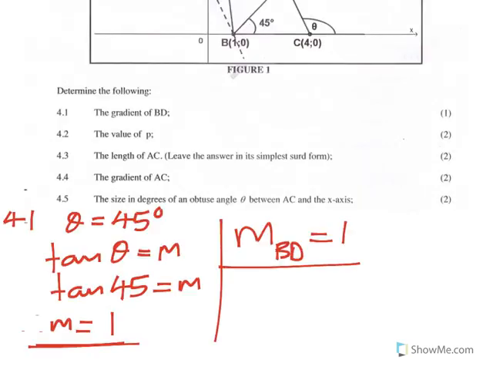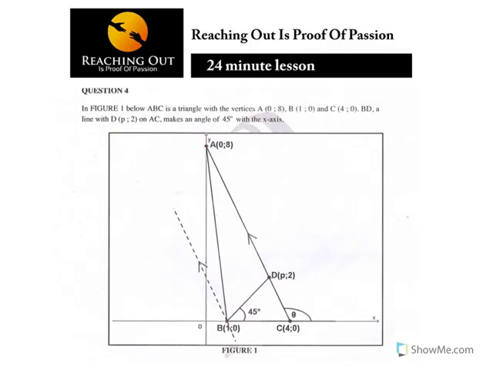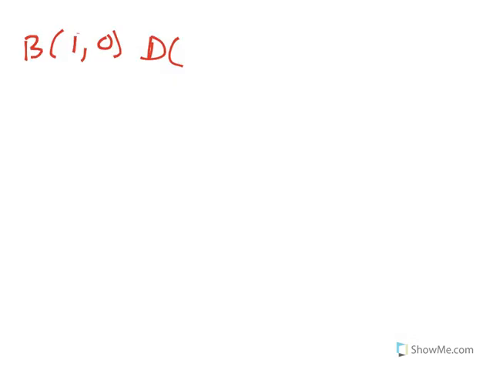Now the next question says the value of P. How do we find the value of P? We've got our B as (1, 0) from the previous one, and we've got our D. What is our D again? Our D was (P, 2). For that one, let's look at the gradient of BD. Remember, the gradient of BD is 1, but we know how to find gradient.